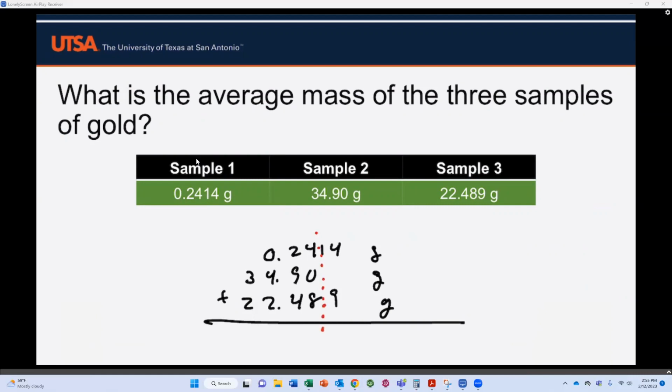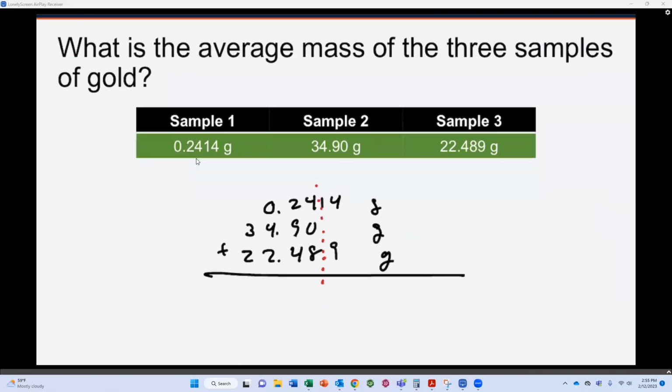And what I see here, this is going to limit my certainty. So when I add all of these up, I get this number, 57.63040. I'm going to make a mental note because this is where my certainty ends. Grams.